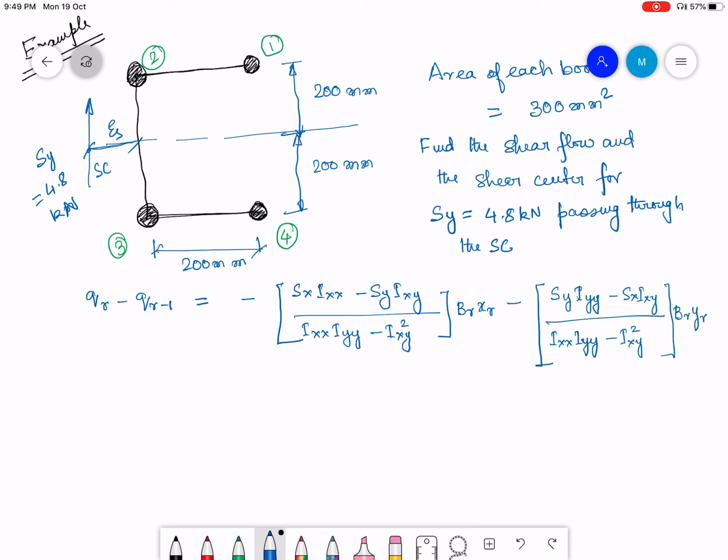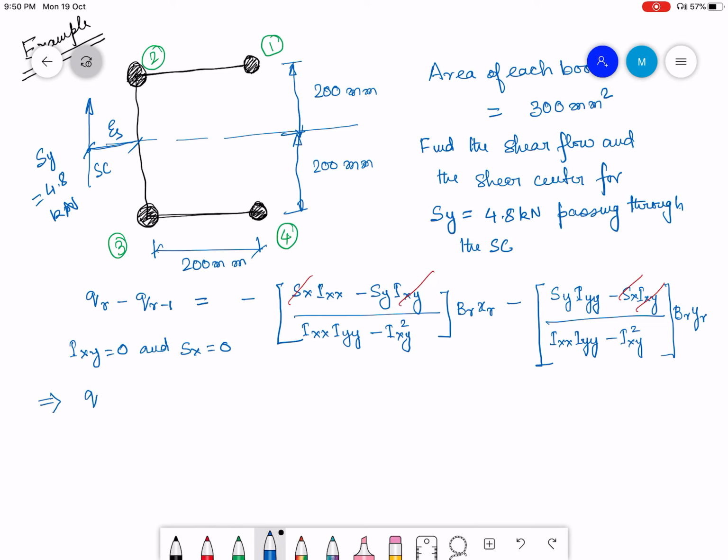Since the cross section is symmetric, Ixy is equal to 0, and there is no shear force applied in the x direction, so Sx is equal to 0. So I can actually get rid of this, and my things get much more simplified.